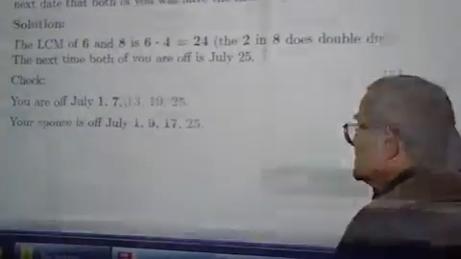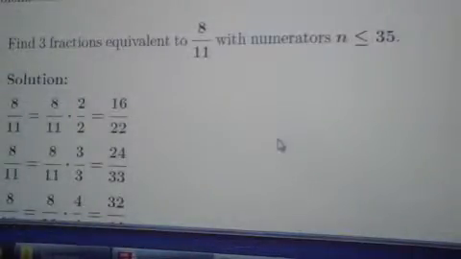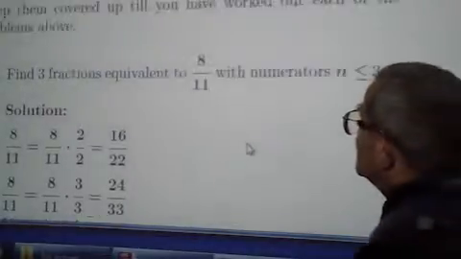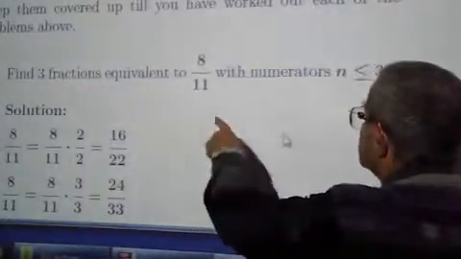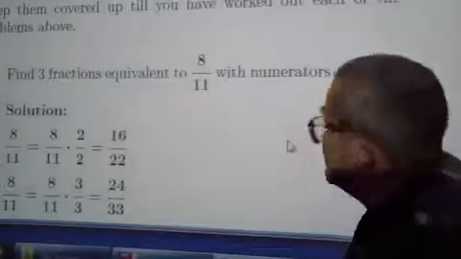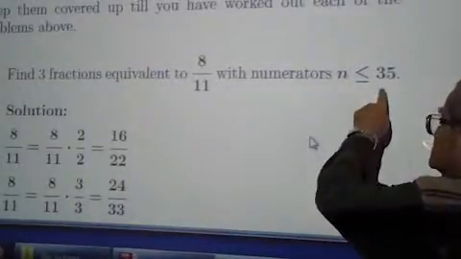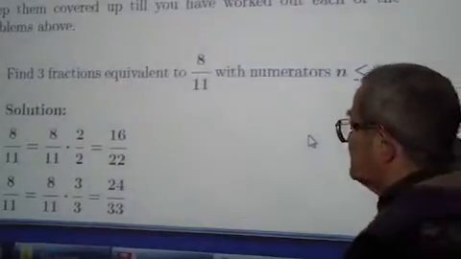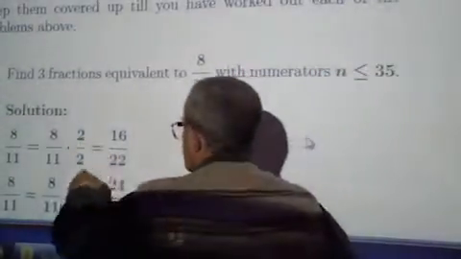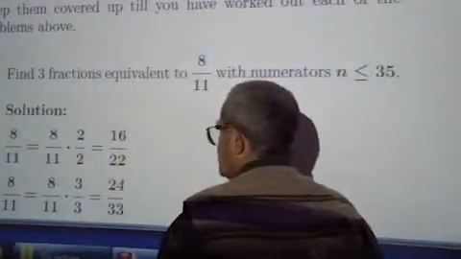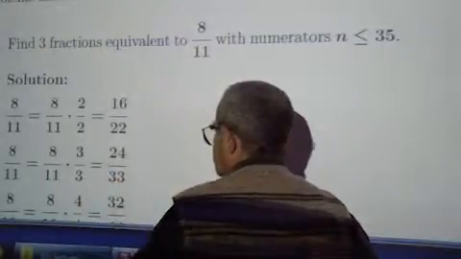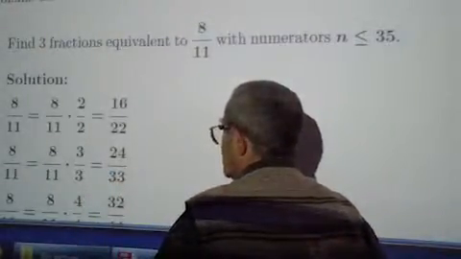And then, now here, we wanted to find 3 fractions equivalent to 8 over 11. And the denominator is to be less than 35. So multiply by 2 over 2 to get 16 over 22. Multiply by 3 over 3 to get 24 over 33.